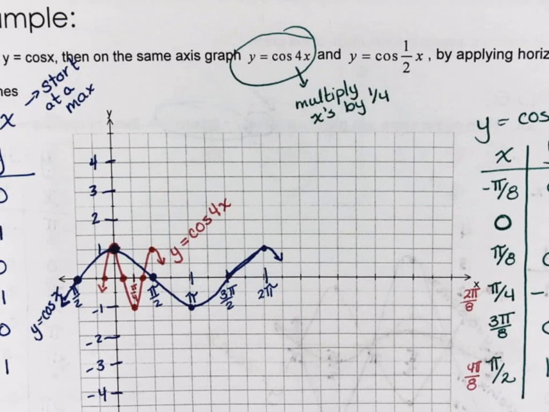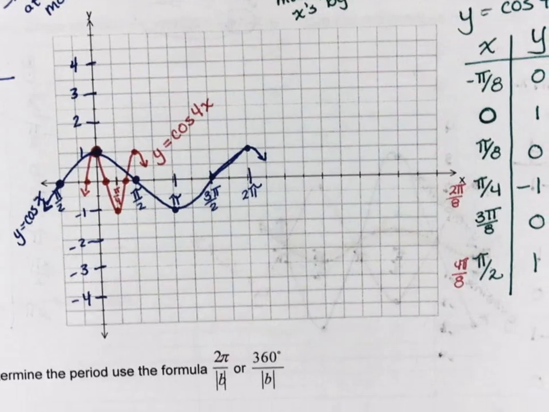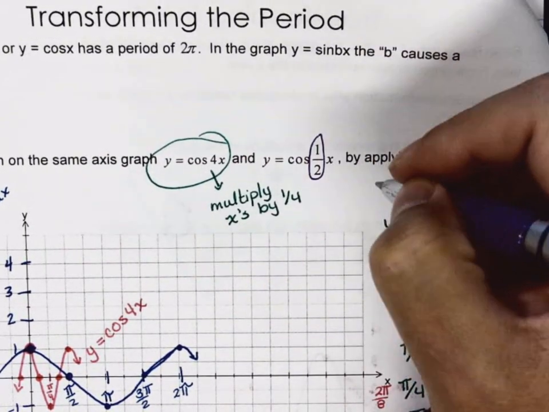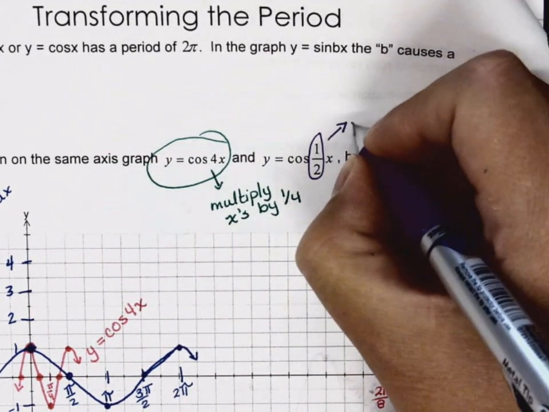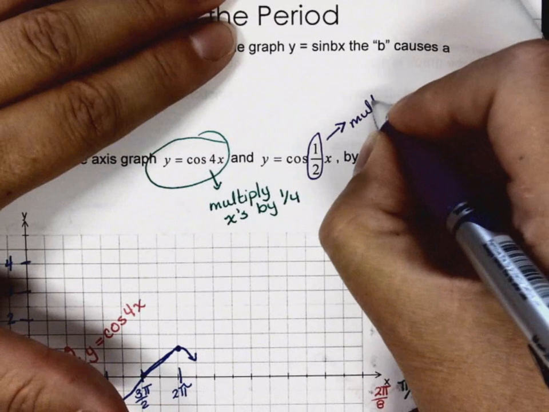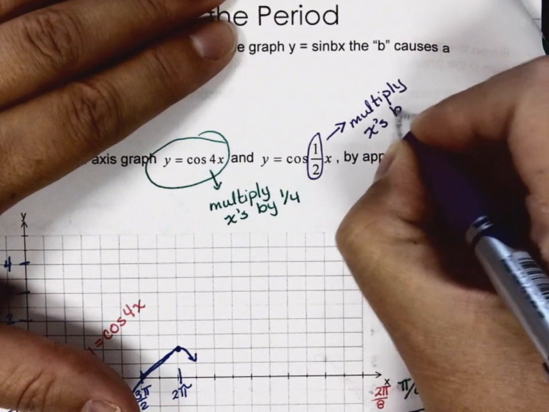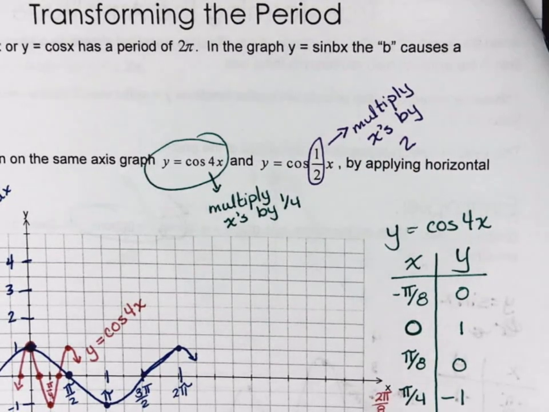All right, don't all jump up and say the answer at once. Okay, the next one, what is the 1/2 telling me to do? Yep, so I'm going to multiply my x's by 2. So we have a horizontal stretch by a factor of 2.